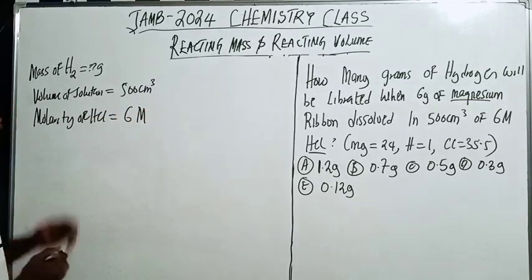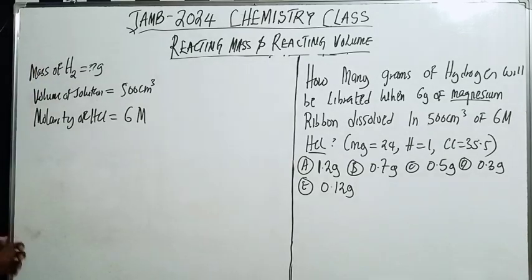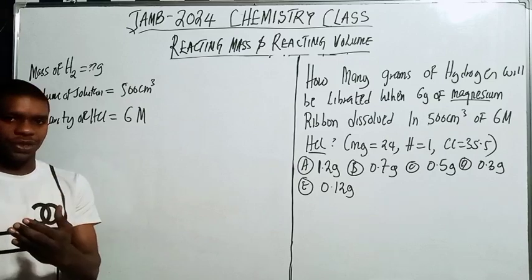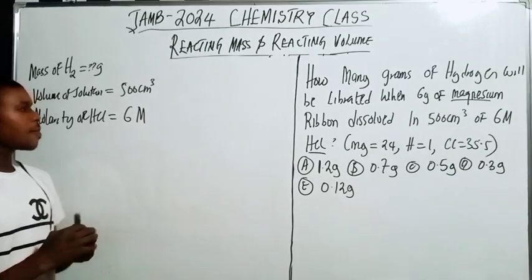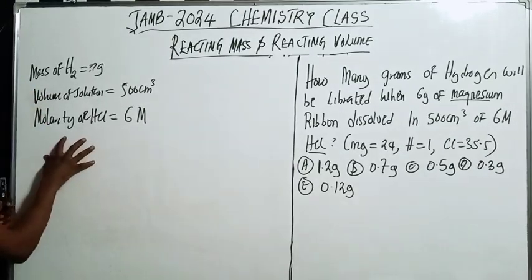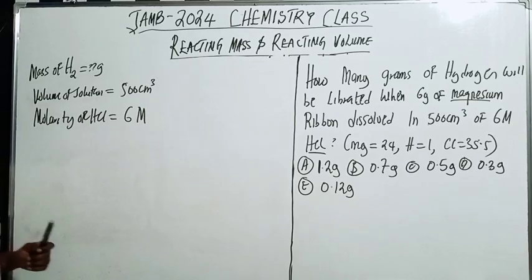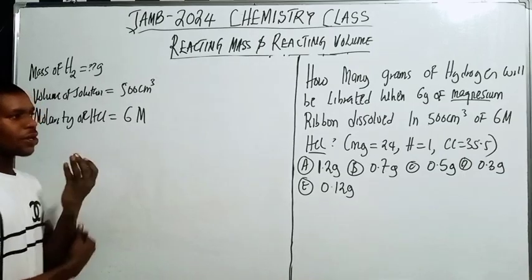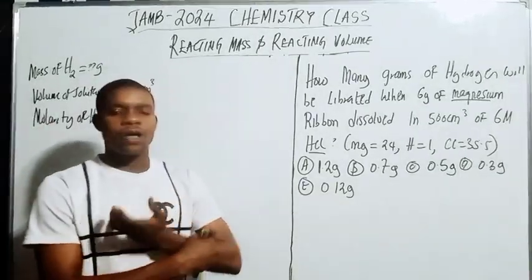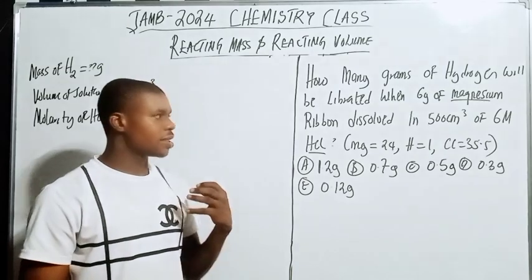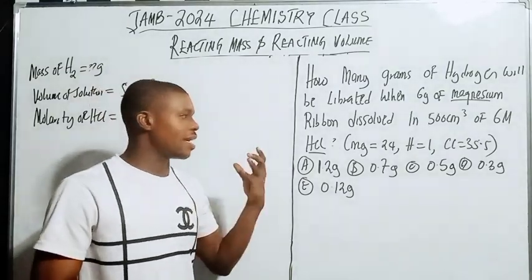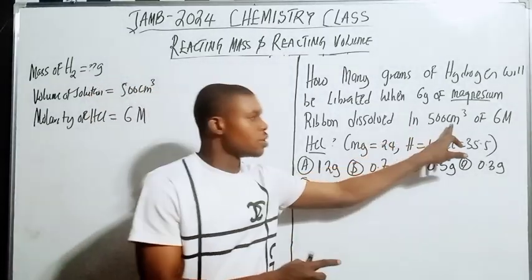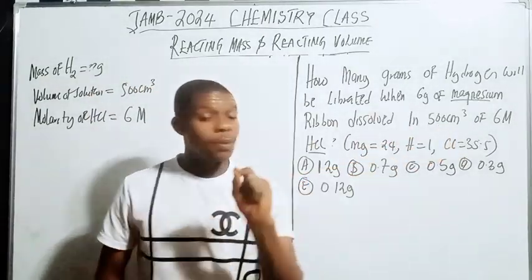You get. So how do we get the mass of this other one here? That would be the question. So in saying that, I need to look for the mass of hydrogen chloride. Please pay close attention here because the mass of HCl was not given to us. Now they gave us a volume of 500 cm cube, not volume at STP.